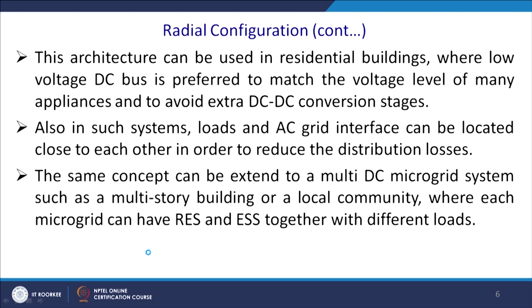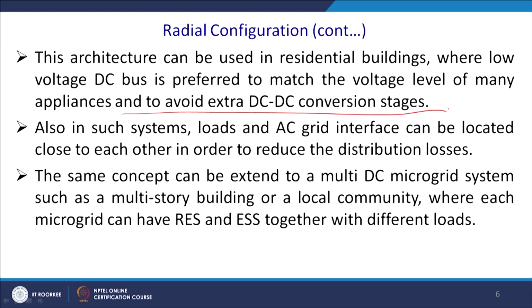Now, these architectures can be used in residential buildings, where two voltages are preferred to match the voltage levels of many appliances and avoid extra DC to DC conversion stages.